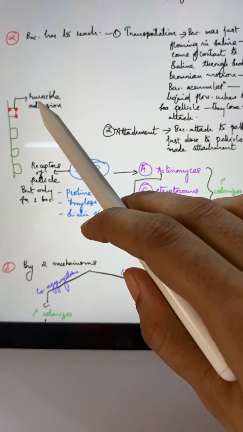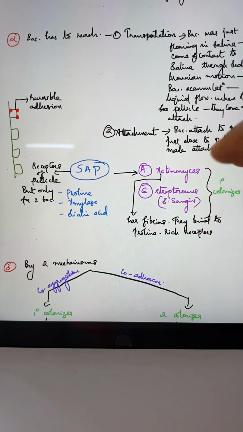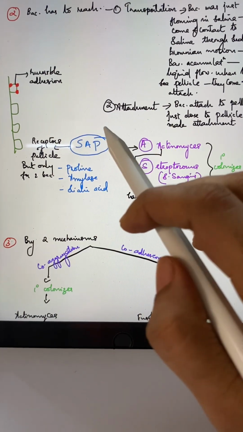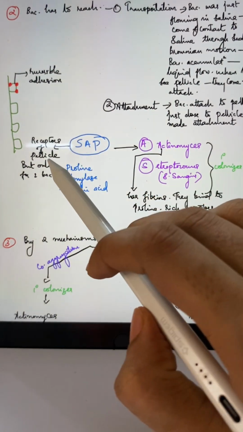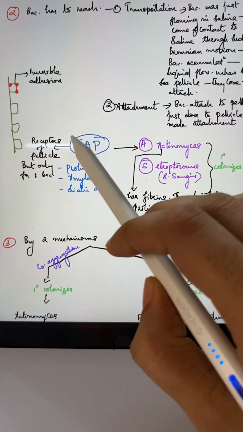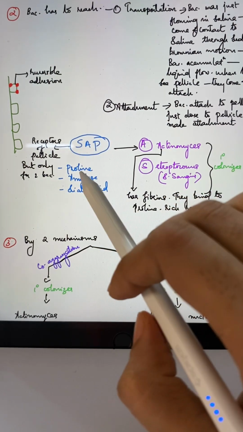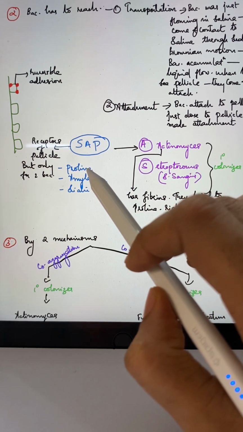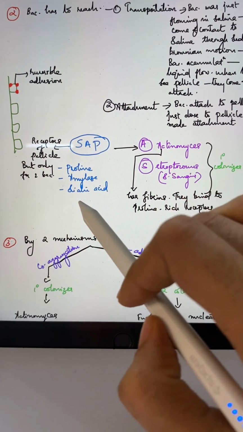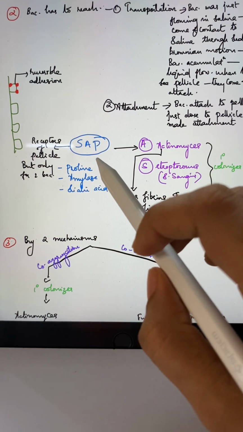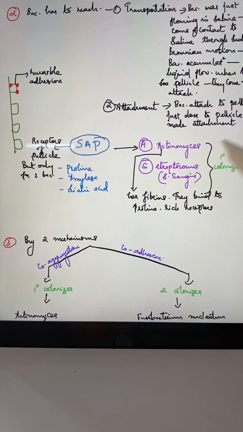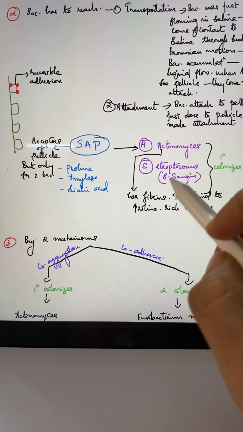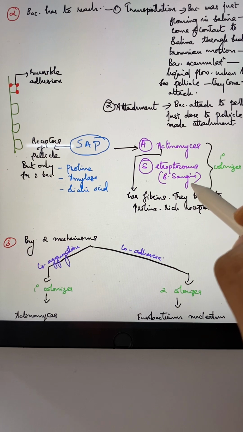Then how do they attach? They come close to the pellicle and make an attachment. Each bacteria has specific receptors on the pellicle. The receptors of the pellicle we can call SAP, like sialic acid, amylase, and proline. These receptors are only for specific bacteria, like A and S, actinomyces and streptococcus group of bacteria.